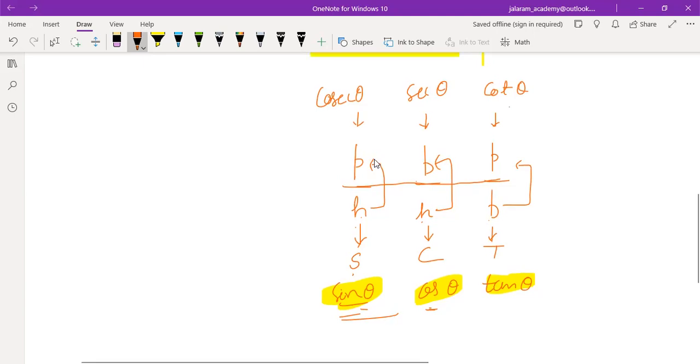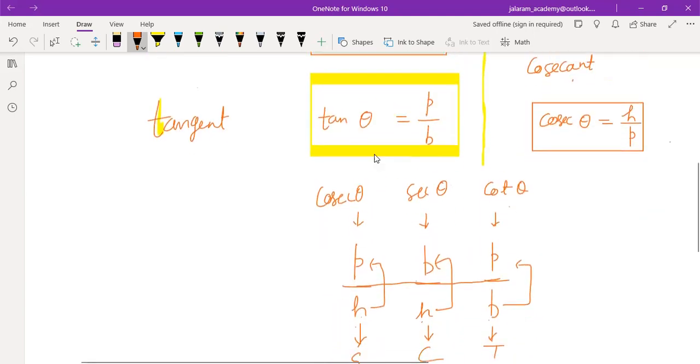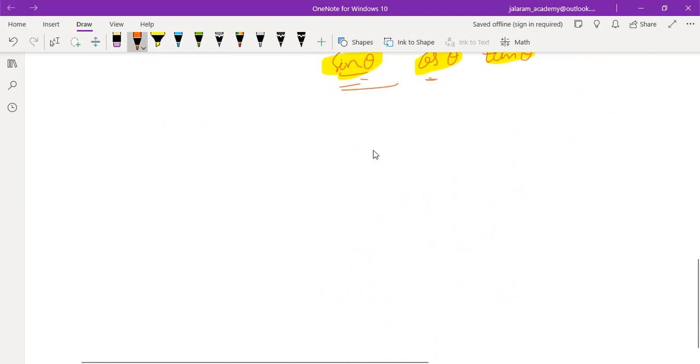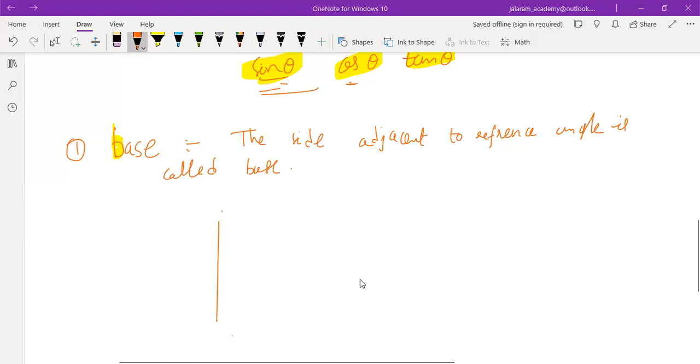So first of all, learn all 6 ratios by this method. Then only we will be able to solve the questions related to trigonometric ratios. Write the definition. The side adjacent to reference angle is called base in a right angle triangle.